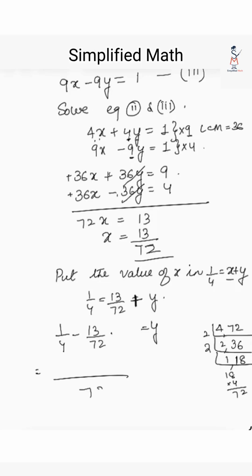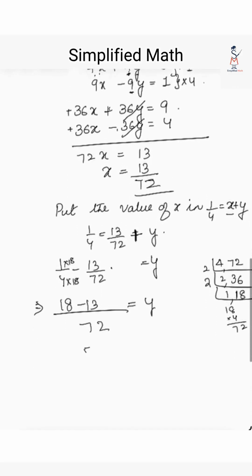So the denominator will be 72, and 4 into 18 is 72, so up top also we will multiply by 18. So this will become 18 minus 13 is equal to y, right? 18 minus 13 is 5. So 5 by 72 is y. So we got the value of x as 13 by 72 and y as 5 by 72. This is how we will solve this.